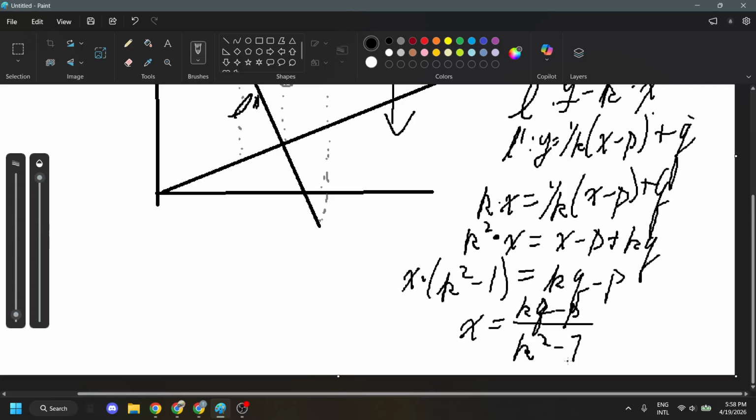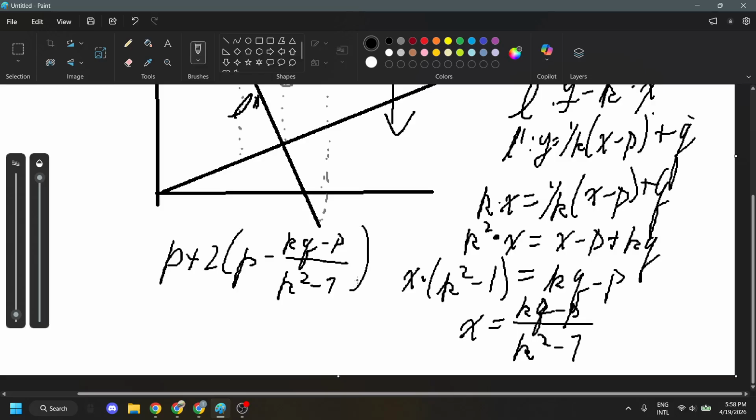So now if I take p plus the distance from this to p, which is p minus kq minus p over k squared minus 1. Why does q matter in finding the x coordinate?